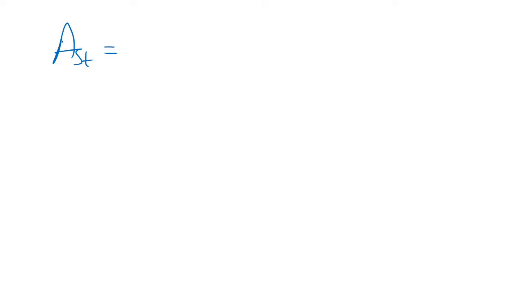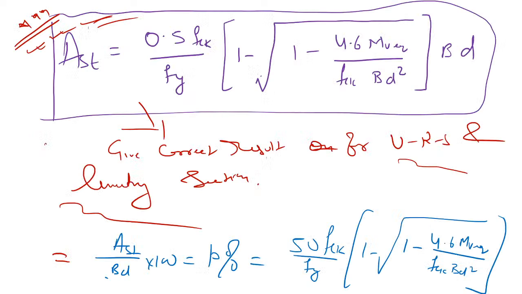So FCK is 25, Fy 415. So 1 minus under root 1 minus 4.6 and keep mu equivalent in terms of Newton mm because the remaining parameters you are going to put in Newton and mm only. So what is the value of mu equivalent?